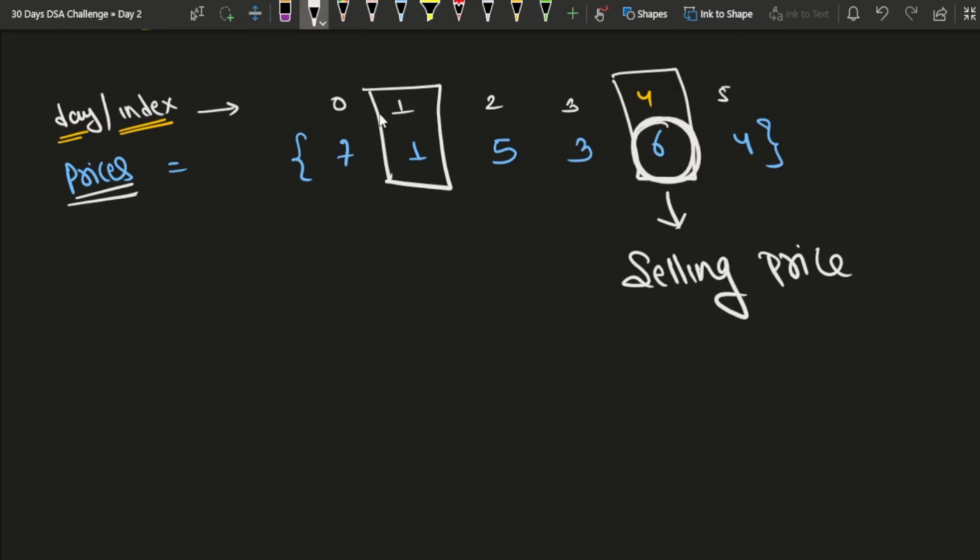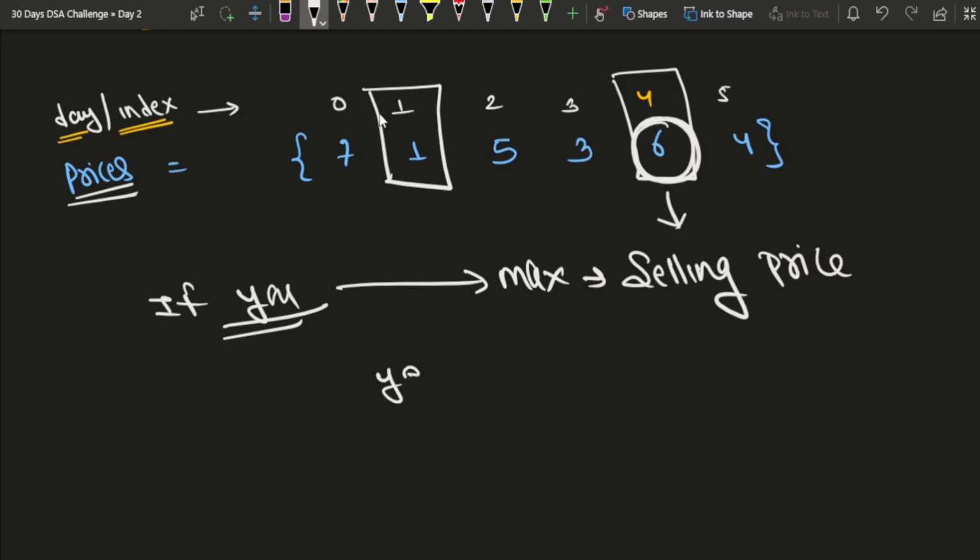So now just think, if you already know what is going to be your maximum selling price, then can you calculate the maximum profit? The answer is yes.